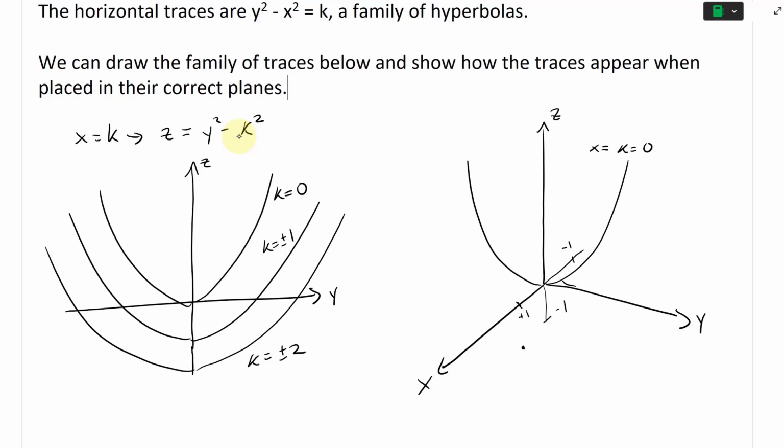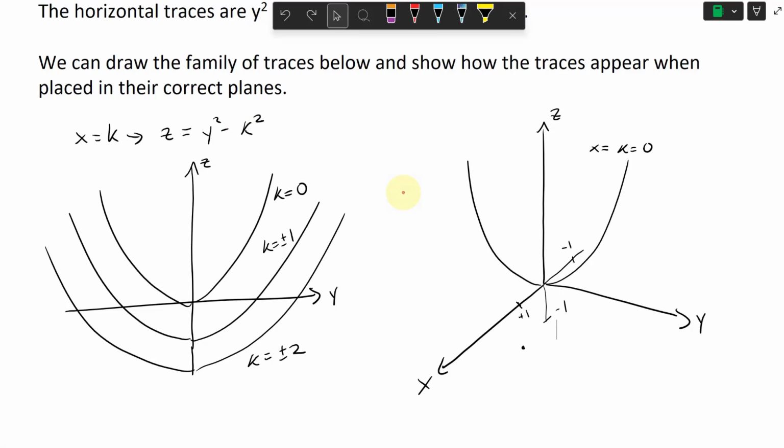Actually, what I'll do is draw it in a different color. I'll erase this and draw it in red. So that's this part here, and this part here. Again, you're drawing in 3D from an angle, and this one here is going to be k equals -1, and this one is k equals 1.